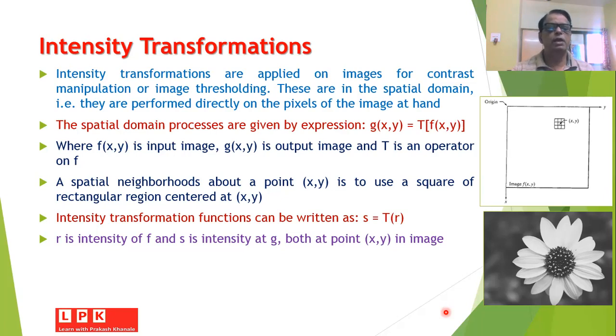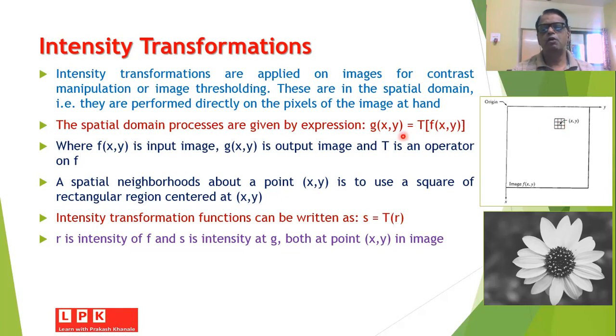In the spatial domain, we can perform these operations directly on the pixels of the image. For any pixel, we can describe its neighborhood, which is nothing but a collection of pixels near the concerned pixel. And whenever we want to describe a process on this pixel, this process can be given by a function T.